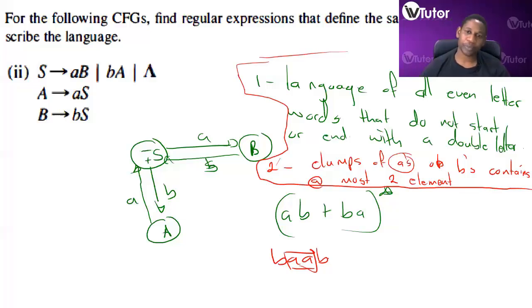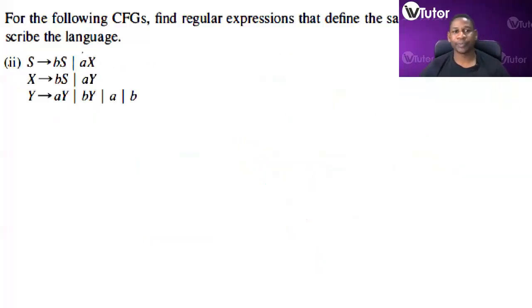All right. Next one. S goes to BS and so forth. So we've got semi-words, terminals. All right, let's draw the transition graph for this. Here we can do a finite automata, it's fine. Initial state S, it is not a final state.